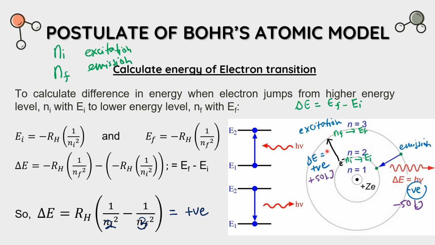Why do these two processes have the same magnitude? It is because they involve the same electronic transition, from 2 to 3 and 3 to 2. The main difference between them is only the sign of the delta E. Positive is for excitation and negative is for emission.